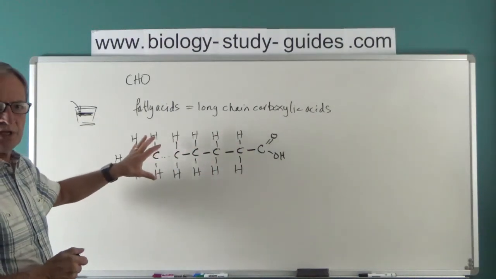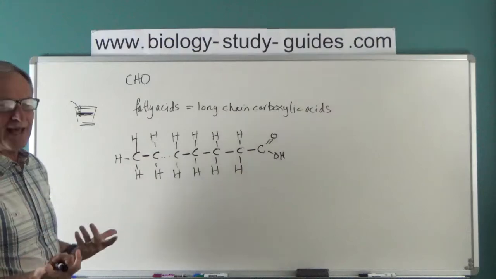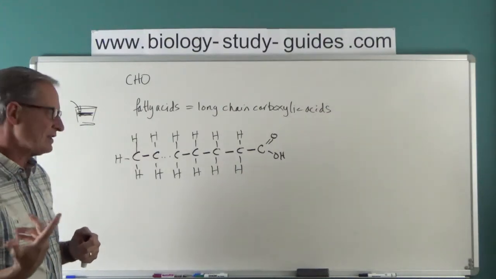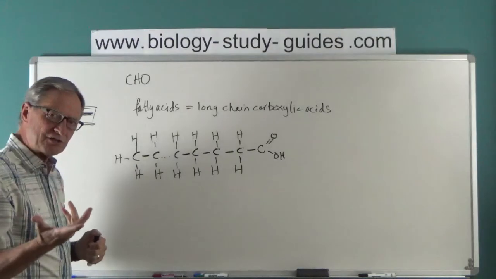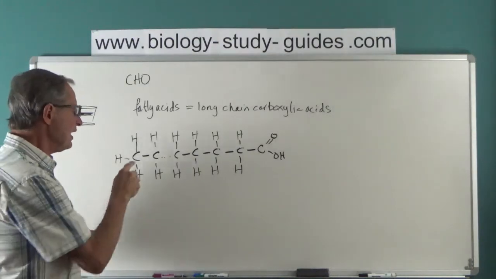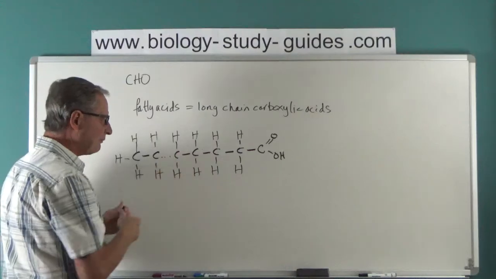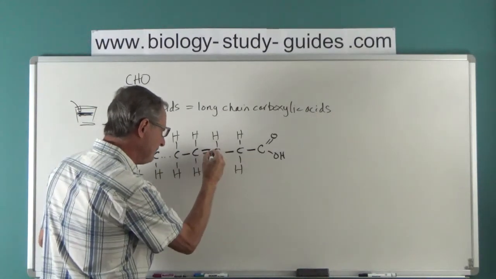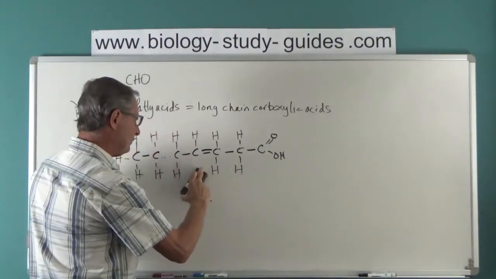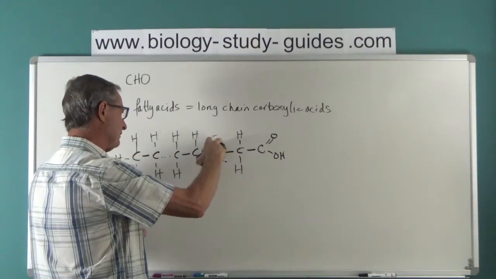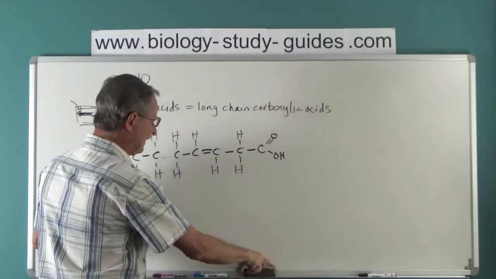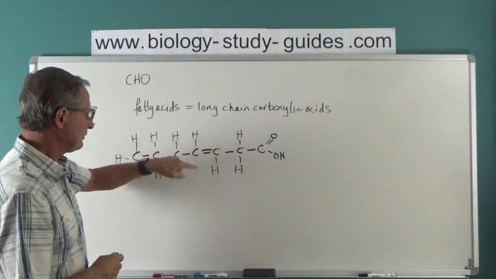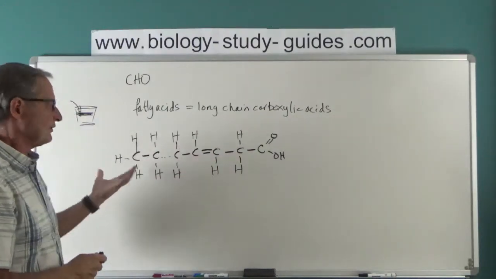So there's variation in this because of the length. That's pretty obvious. But in addition, there's another variation because they don't have to just have single bonds in them. We can satisfy the bonding requirements for carbon by putting double bonds in here. So let me add another bond in here, and take this hydrogen out, and take that hydrogen out. Now you can see the bonding requirements are still met: 4 bonds around that carbon, so that works.